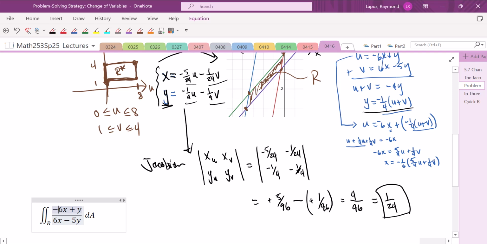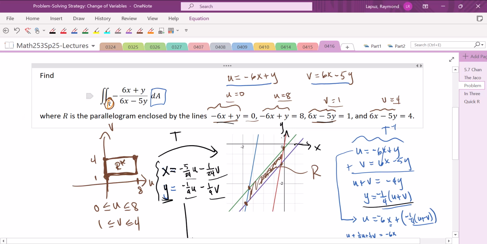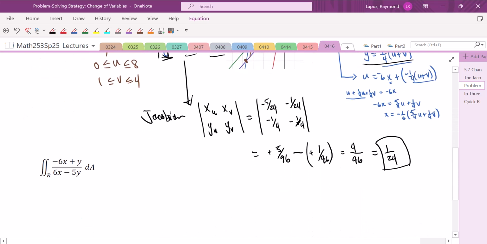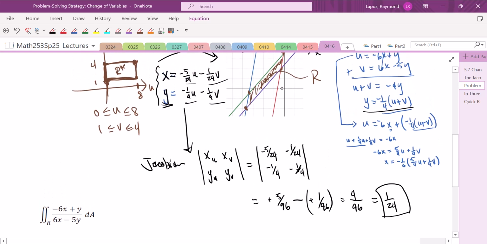I think I put the negative in the wrong spot, so I want to put it in the right spot now because I think I mistyped this when I was typing it. The negative is just for the 6, because I remember seeing this and saying, oh, this is one of our substitutions. Negative 6x plus y is equal to u. So remember that u is equal to negative 6x plus y, and v is equal to 6x minus 5y.